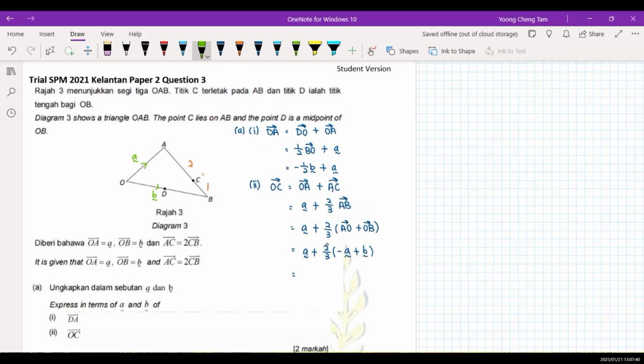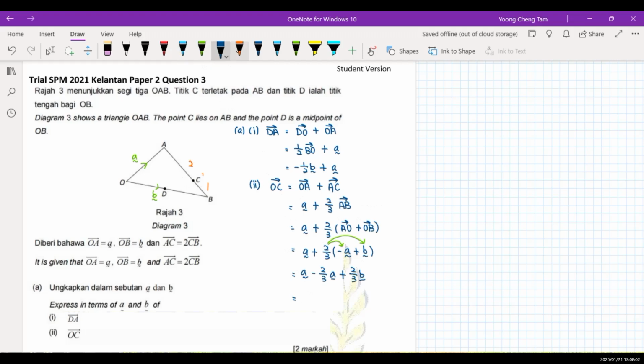Next, open the bracket. 2 over 3 times negative A and 2 over 3 times vector B. So A minus 2 over 3 A plus 2 over 3 B. Finally, collect the like terms.